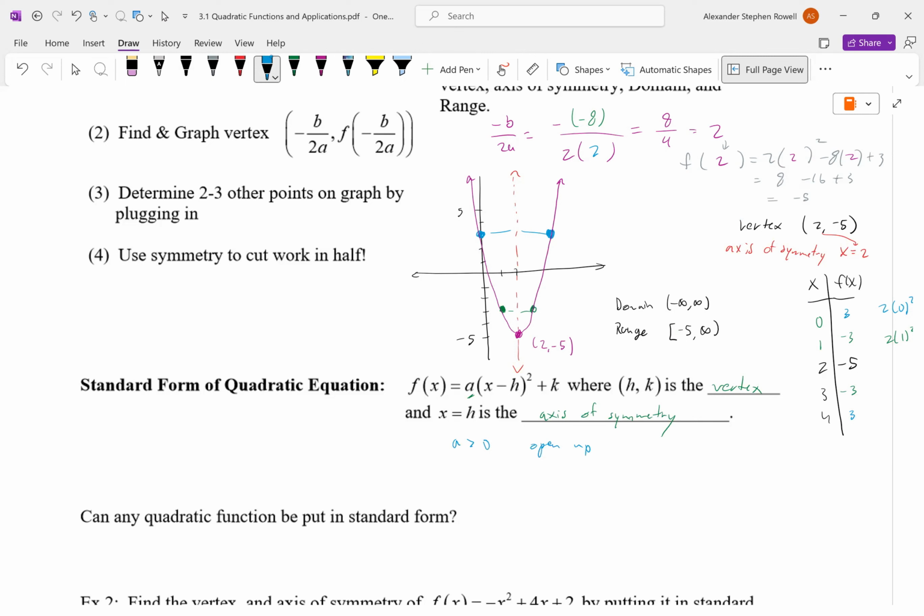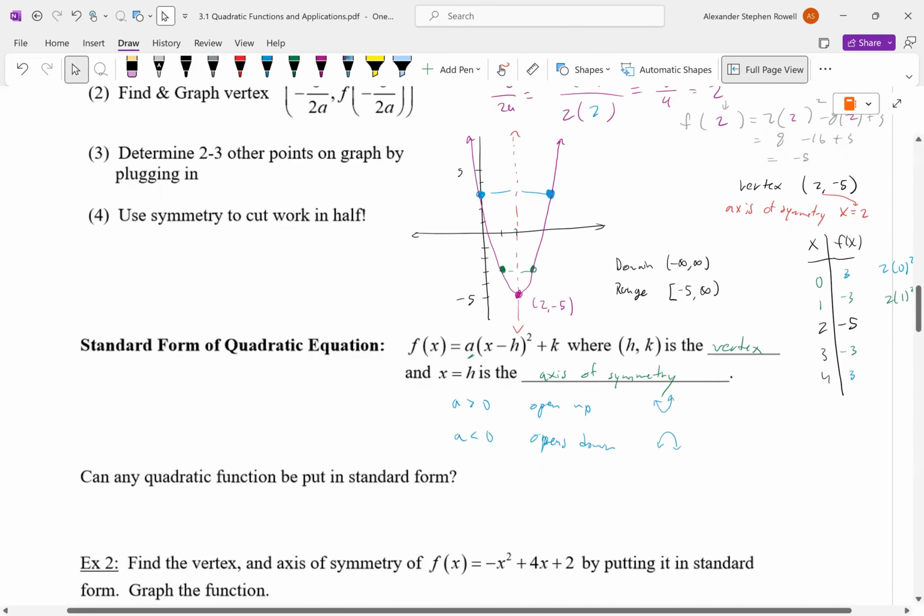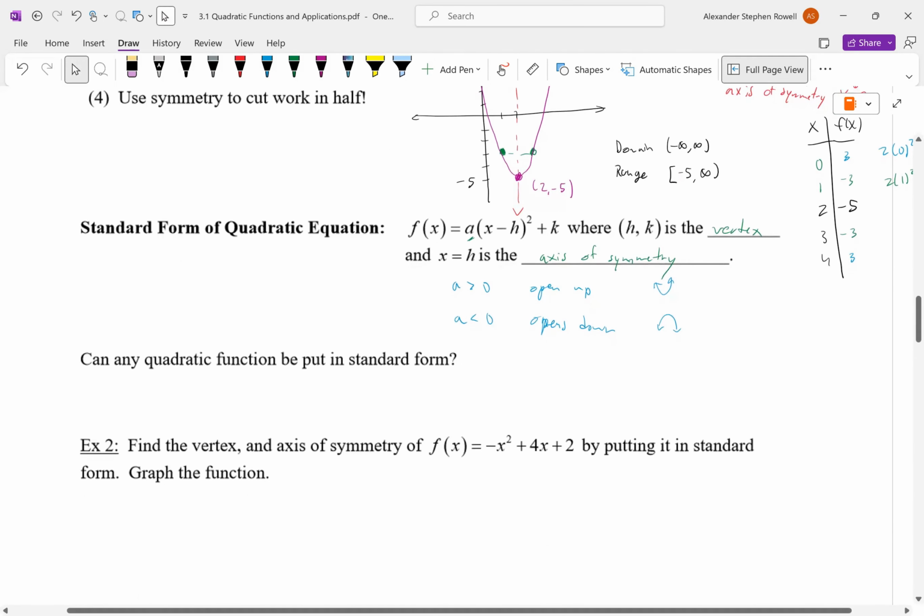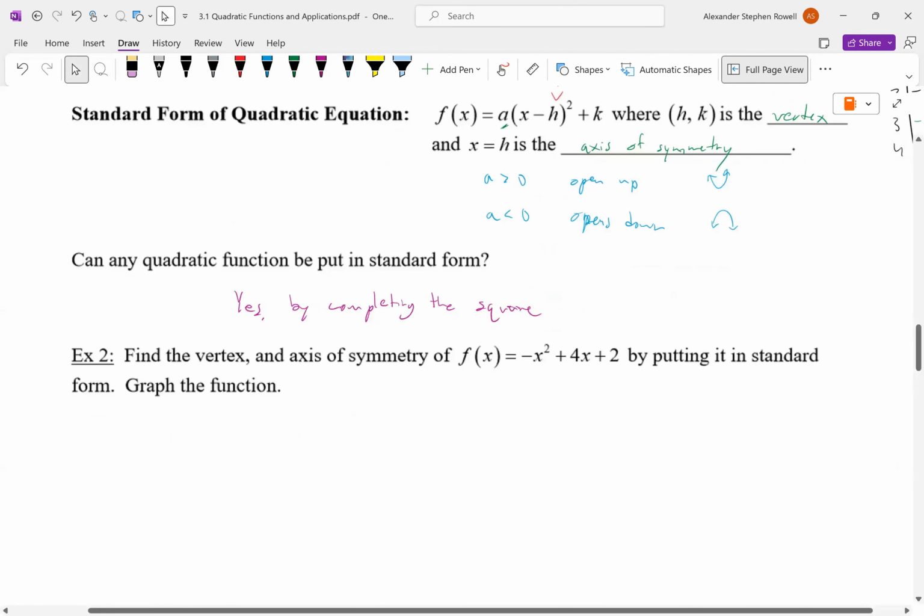It opens up. A negative opens down. Downward U versus upward U. Can any quadratic function be put in standard form? Yes, by completing the square.